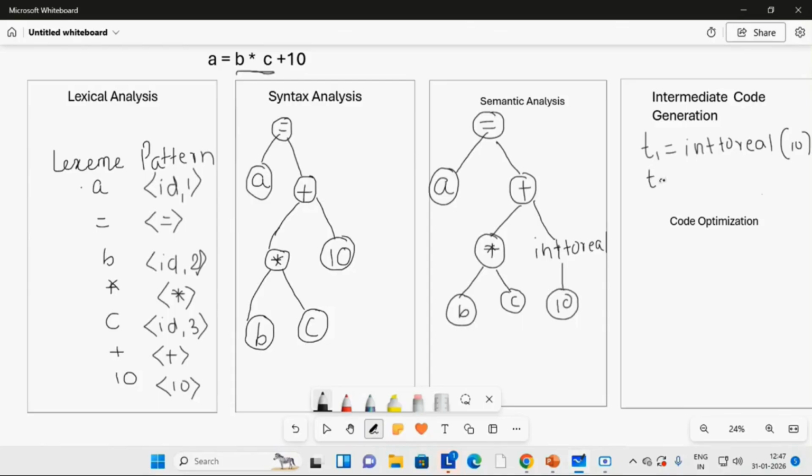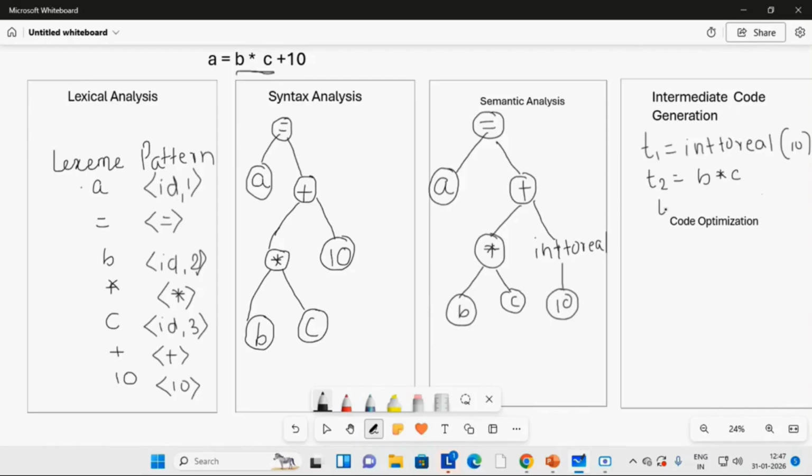Then the next operation will be t2 is equal to B into C. If you remember, 3AC makes sure that there is at most one operator on the right hand side, and on every operation a new variable is created.